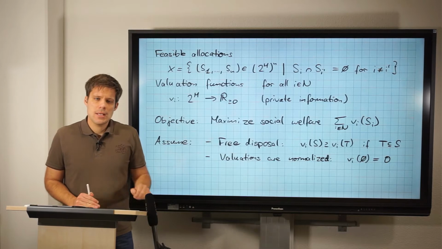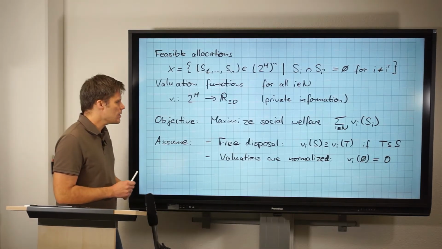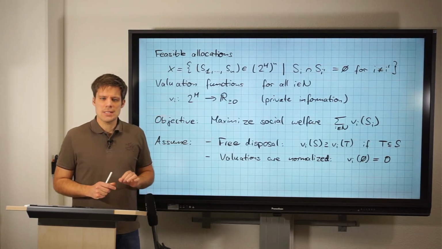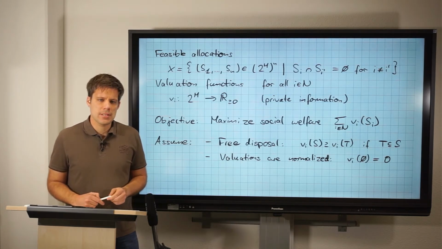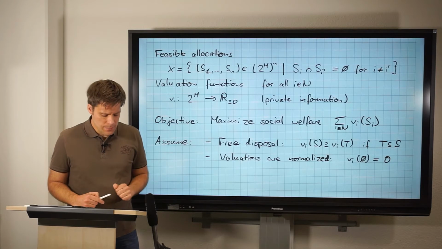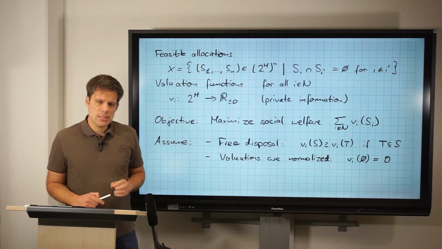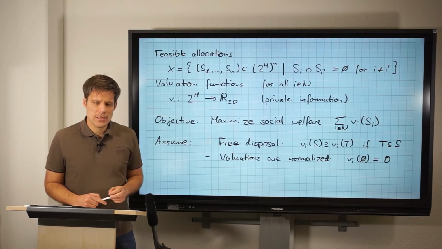Now, this is generally not a single parameter setting. Why that? Because these functions, they cannot be expressed by just a single parameter, which is exactly the point of a single parameter setting. But the special cases of valuation functions we're considering today, those we can indeed interpret as a single parameter setting.